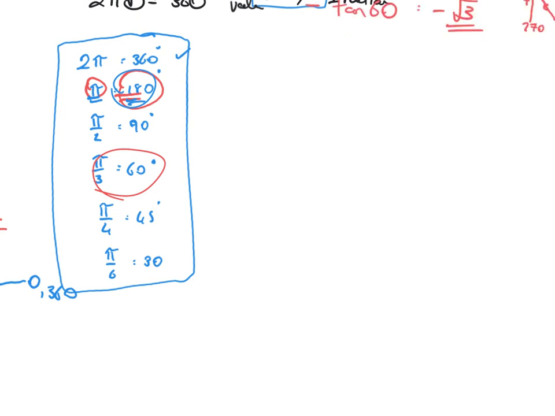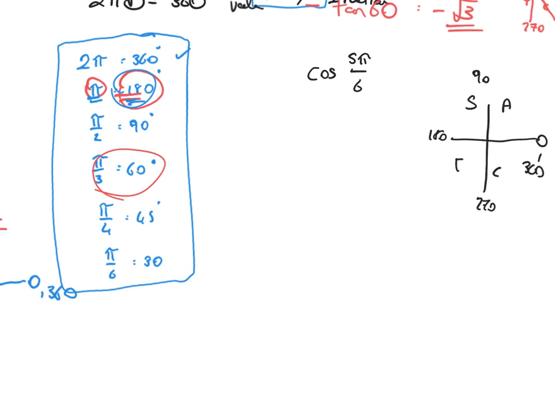Okay, let's try one more. Let's go for cos 5 pi over 6. Okay, so, right, pi over 6 is 30 degrees. Now, how do I know that again? Well, if I work from this base, which is pi is 180, if you divide that by 6, you do get 30.